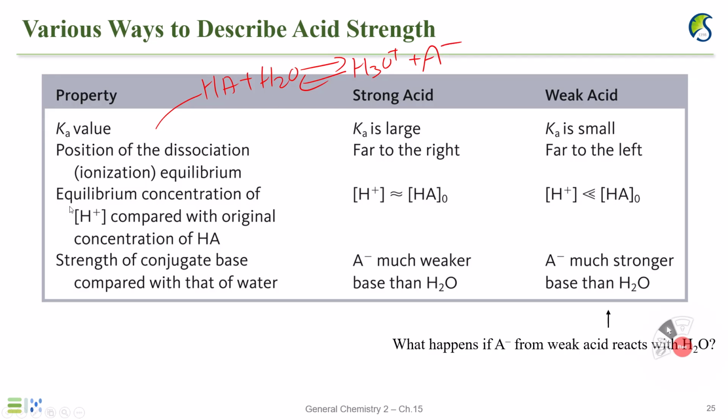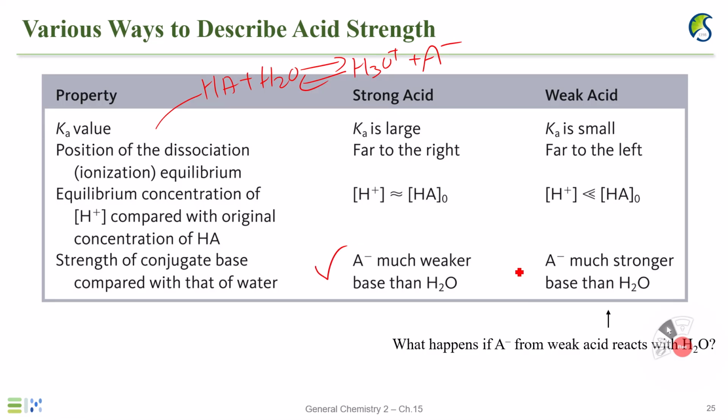And also you can describe it based on the concentration of H plus versus the initial amount of HA, the initial amount of acid. And also you can describe the strength of acid based on the strength of the conjugate base.